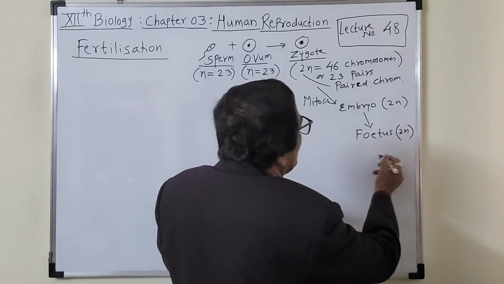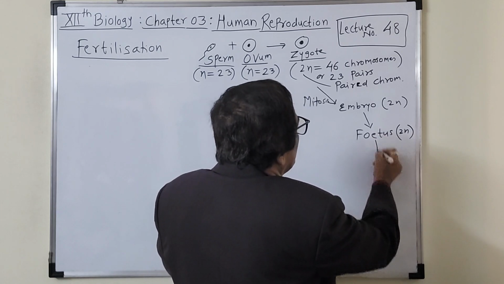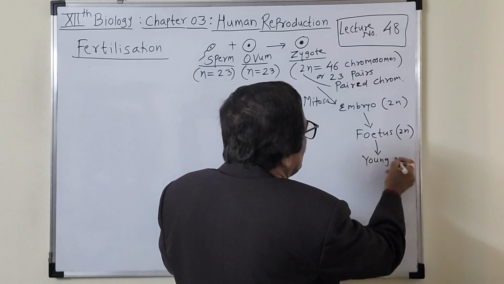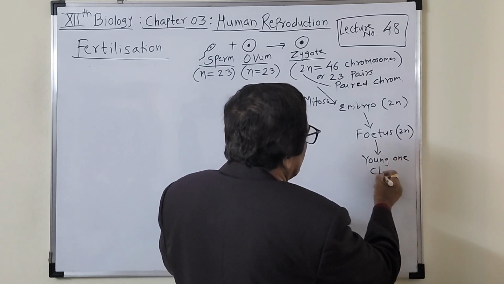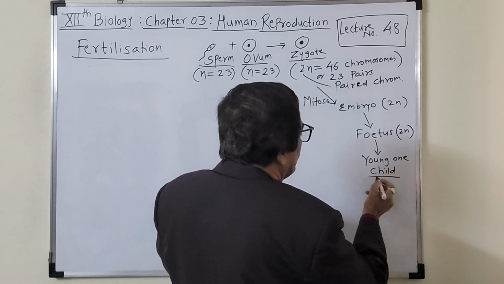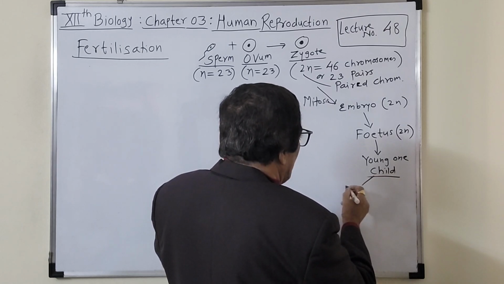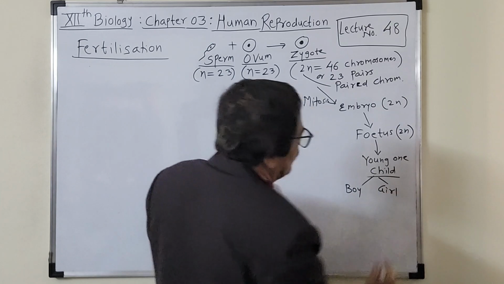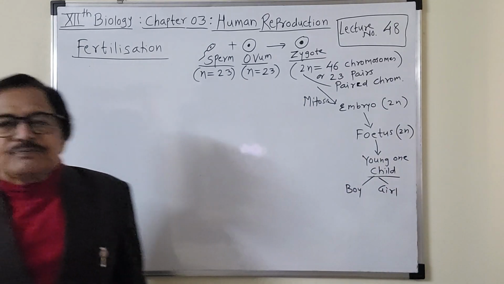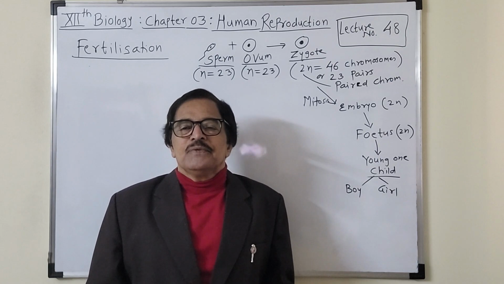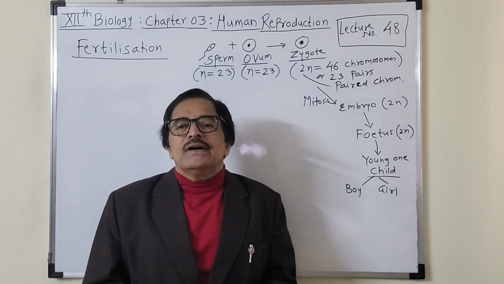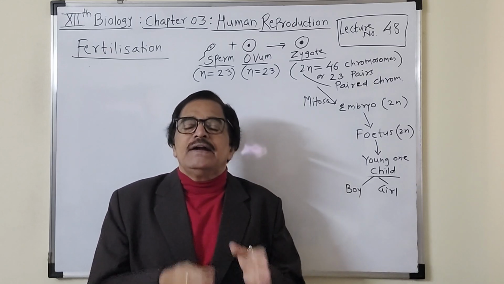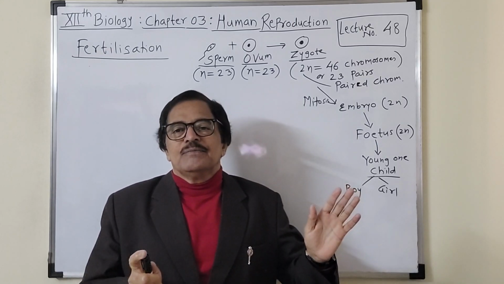That fetus will also have all cells with the diploid number of chromosomes, and it will develop into the young one or the child. Now this child which will be born will either be a boy or a girl. I would like to say here that this will be determined right at the time of fertilization.